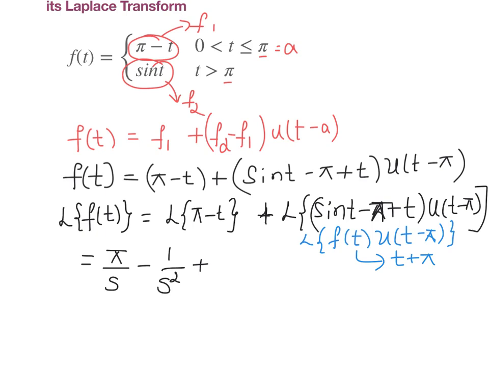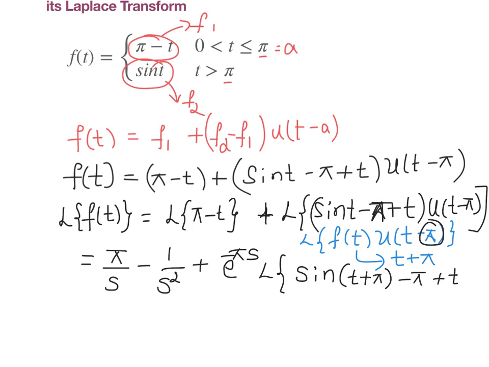So according to the result, this is e power minus as, where a is pi, e power minus pi s. Laplace transform of, we have to shift t to t plus pi in the f of t function: sin(t plus pi minus pi), keeping it as it is, plus t plus pi. Now minus pi plus pi gets cancelled.